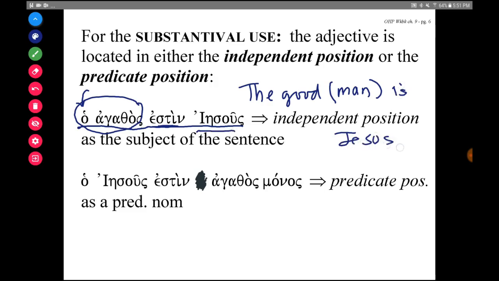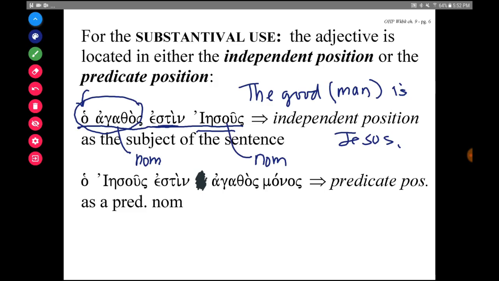And while it might be possible to translate this as Jesus is the good man, there's a general rule in Greek that most of the time, if you have two words in the nominative, ho agathos is in the nominative, and then Jesus is in the nominative, which is the subject of the sentence, and which is the predicate nominative?